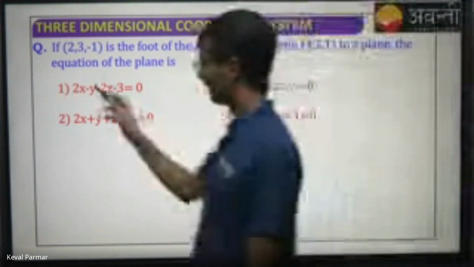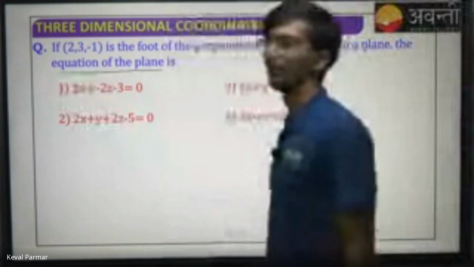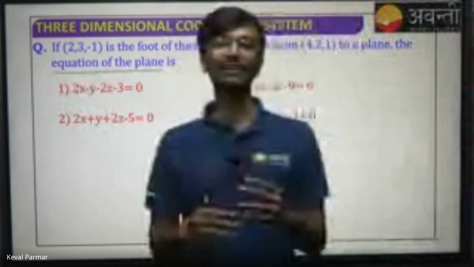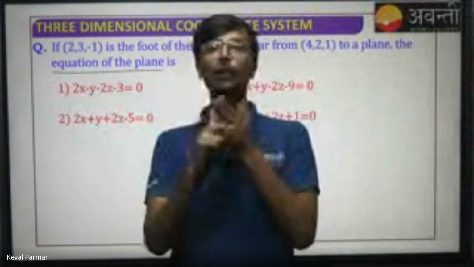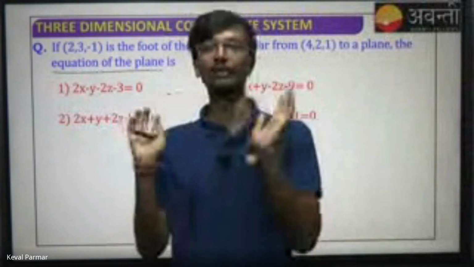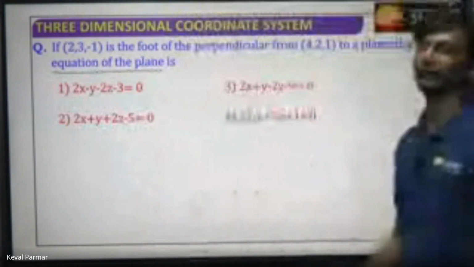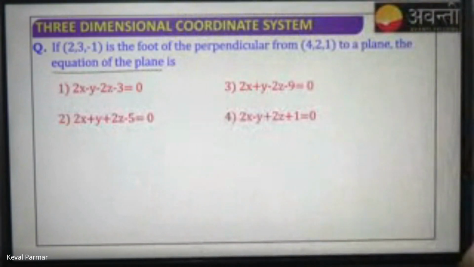We need the equation of a plane. What do we require to find the equation of a plane? Two things: a point on the plane and a normal vector to the plane. Keep this in mind and try to solve this, and you'll get your answer. What is the point and what is the normal?